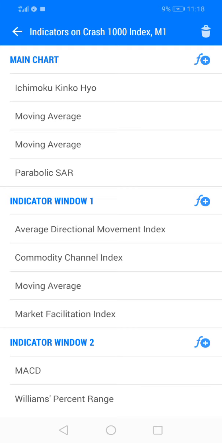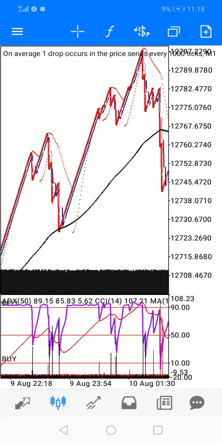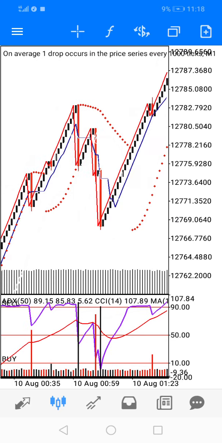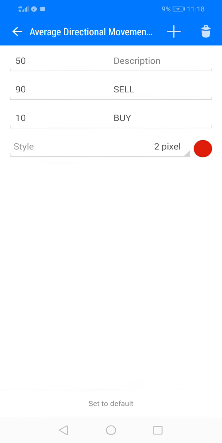So here's our indicator window. Window 1 is the ADX, average directional movement. You set the period to 50, and for style, you just set everything to white. Everything is supposed to be white. Why? Because my background is white. What I want on this ADX is only the levels.